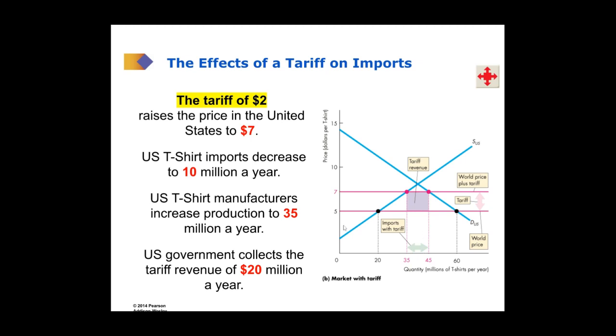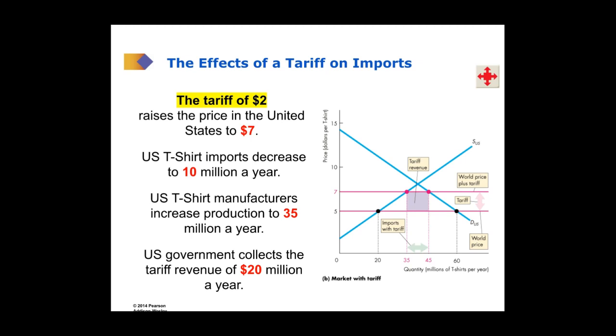Second of all, the supply that's at $7 for domestic producers is higher. At $7 they can produce and sell 35 million T-shirts, and what's left is the imports went from 40 million to 10 million, so they dropped significantly.